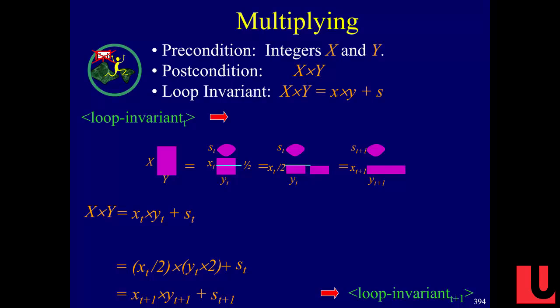And now x is coming down by a factor of 2, and y is going up by a factor of 2, because we need to maintain the loop invariant, and we need to do it faster. We need to make progress by dividing x by 2 so that our algorithm has good running time. Otherwise, it's exponential. If you subtract 1, it's exponential in the number of bits. If you divide by 2, it's linear in the number of bits.